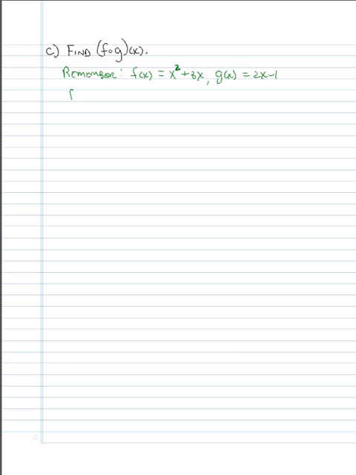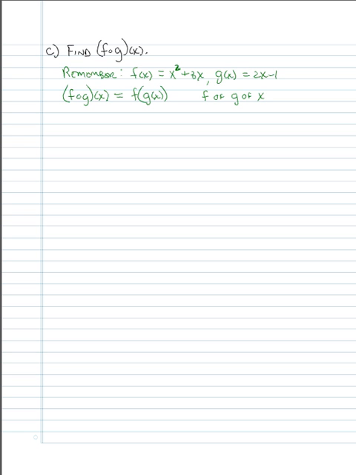So if we're going to find f compose g of x, remember that is the same thing as putting the x into g first, getting that result, and putting that into f. And I would normally read this as f of g of x.